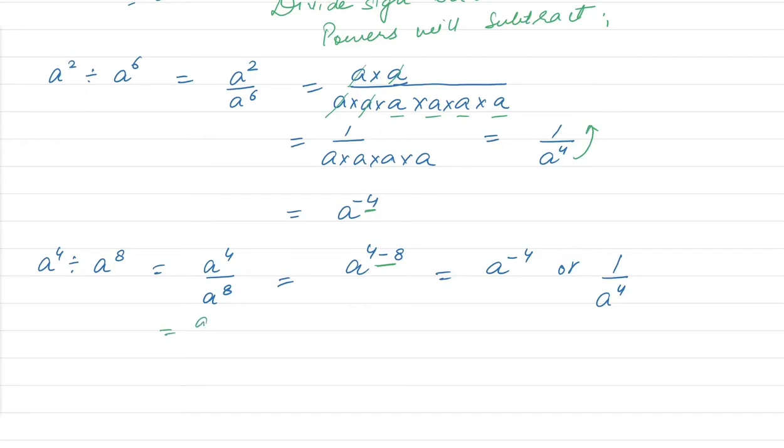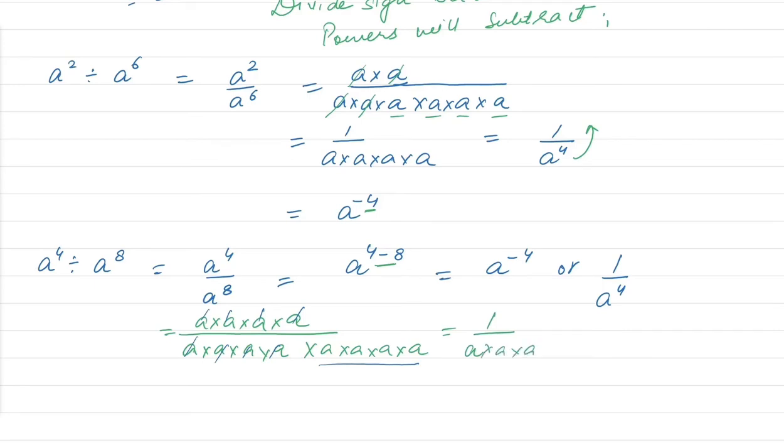So either way you can do it. Or if you want to write a 4 times, and 8 times, the numerator you can easily cancel with the denominator if they are the same. So the leftover is 1 over a to the power 4, which is exactly the same answer we got at the top. So both ways are correct.